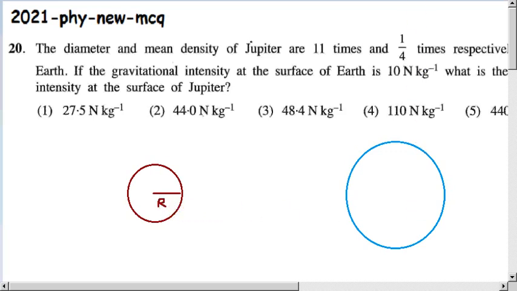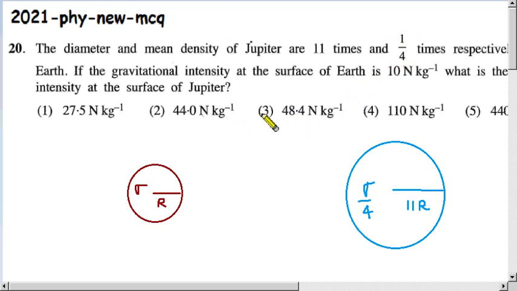So in Jupiter the radius must be 11 times, that means 11r. For the density, if the density of Earth is sigma, then it is sigma divided by 4 in Jupiter, because they say quarter times respectively.